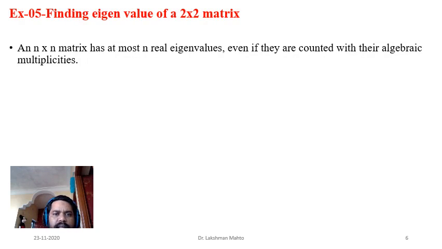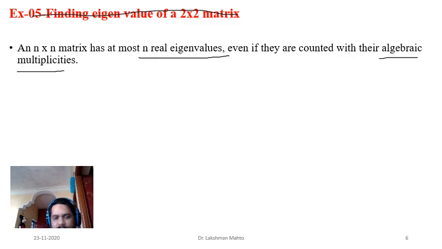I'm going to discuss further about eigenvalues. Forget about this title, I could not get time to change it. If you consider an n by n matrix, definitely it will have at most n real eigenvalues, even if they are counted with algebraic multiplicity.